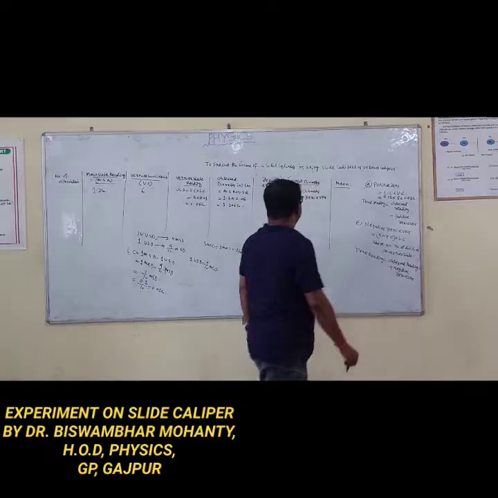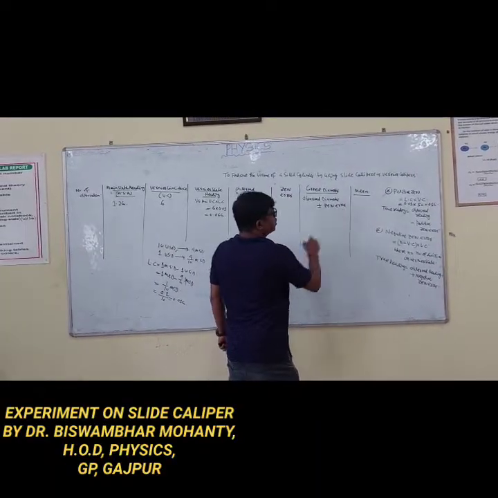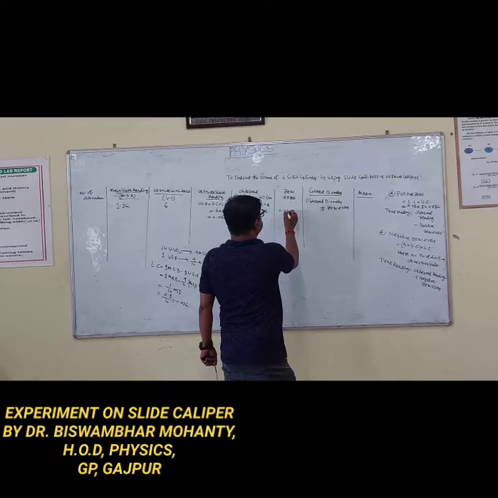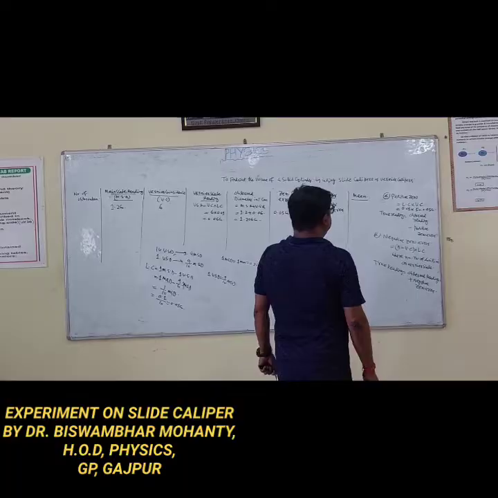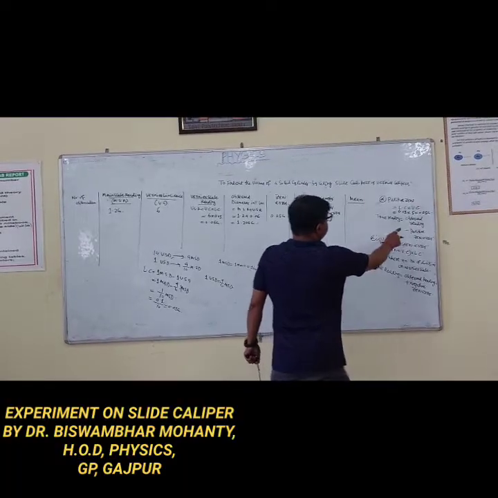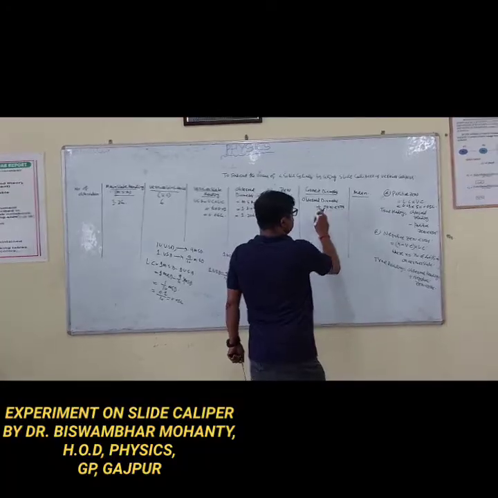Then how to calculate the true reading? The true reading is the observed reading minus the positive zero error.